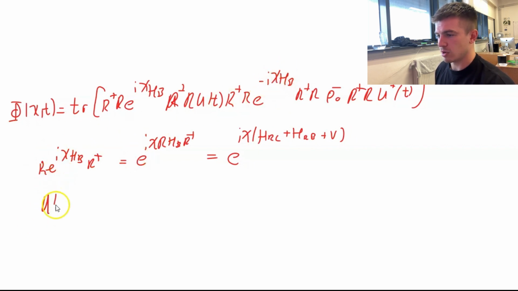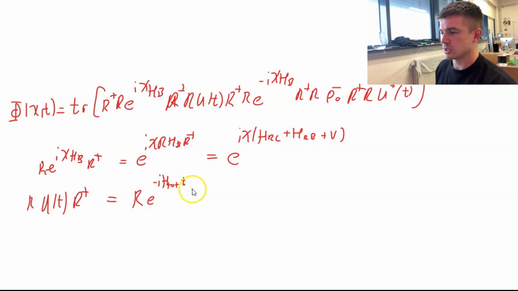And then let's think about what happens to the unitaries, the time dynamics. Again, because the time evolution is an exponential of this form, we can take the R's and R daggers into the exponential.